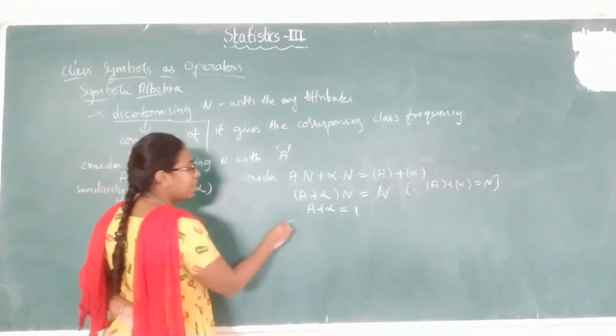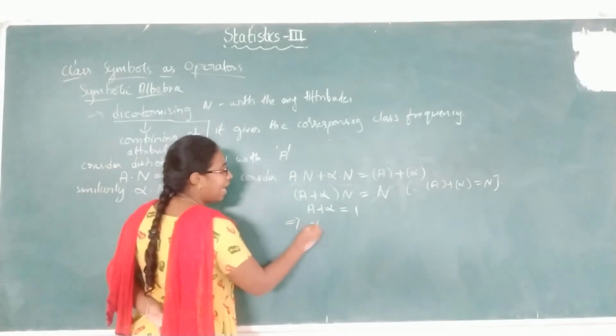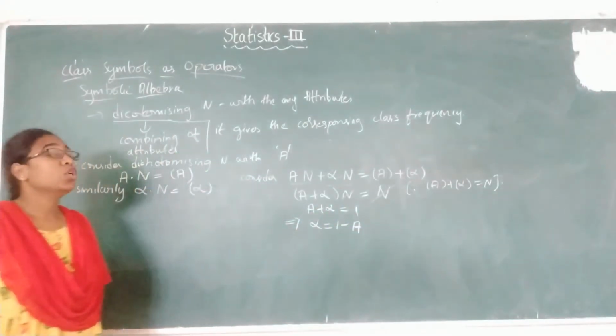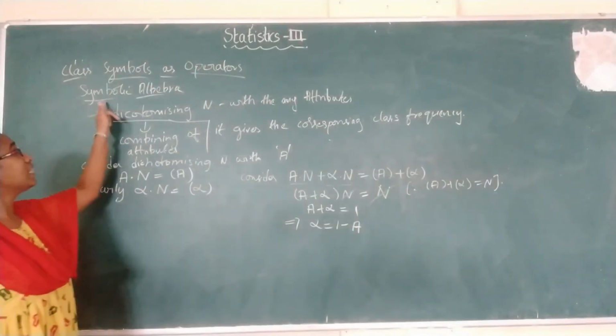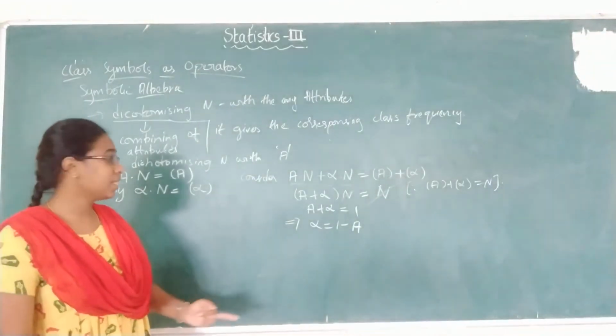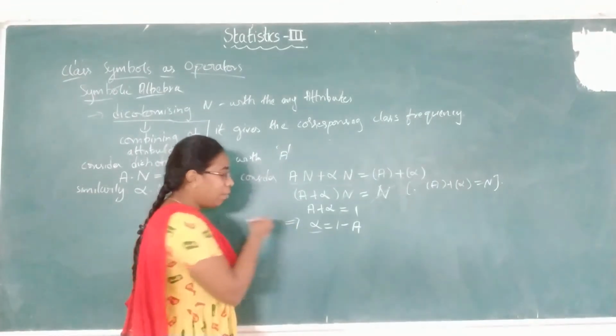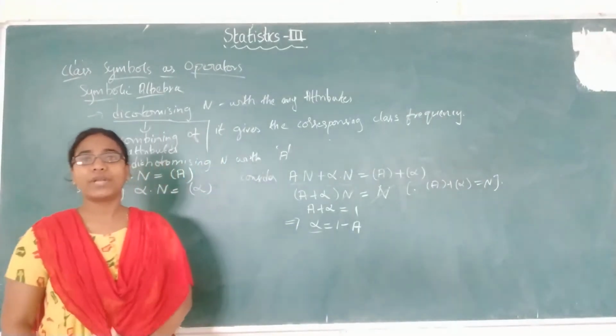From this equation I can write alpha equals 1 minus A. We use this symbolic algebra to express the negative classes. The complementary attributes are called the negative classes, right?